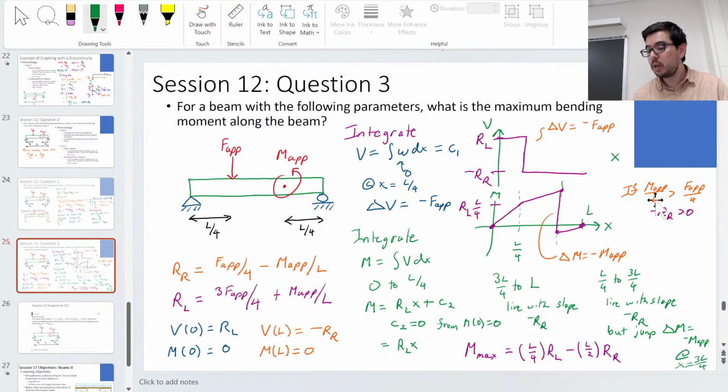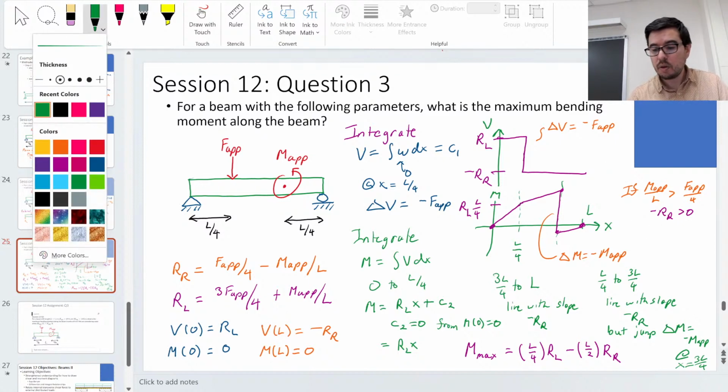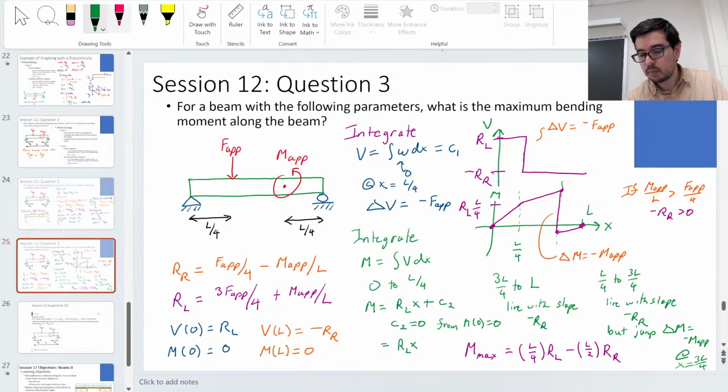If you look at the conditions, because we said that the M app over L is greater than the F app over 4, okay? So the minus R_R is actually still greater than 0, okay? Right, so that's why it should be kind of like that.